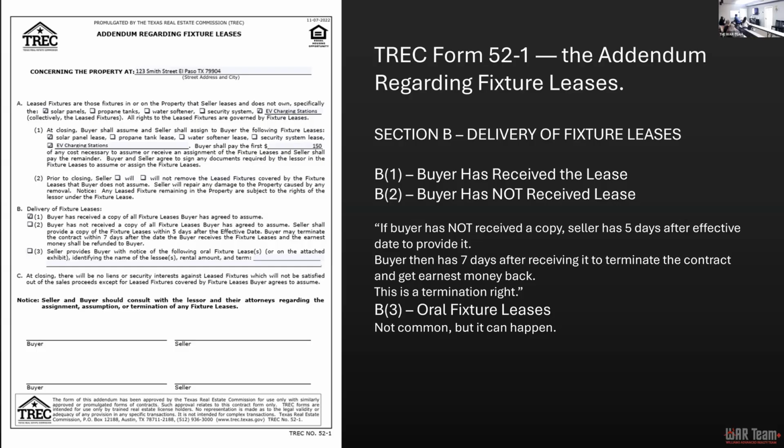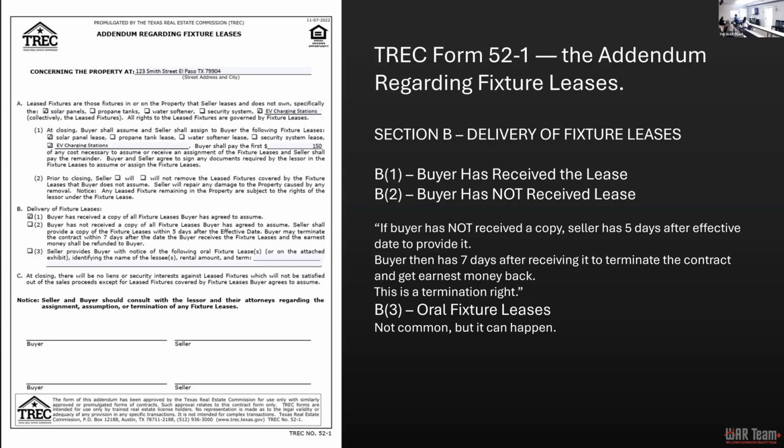If it's just an oral agreement between somebody, I think that's almost like a buyer beware situation. Not sure if I would proceed forward with that, but in the event it does, this is what that section B3 is all about.